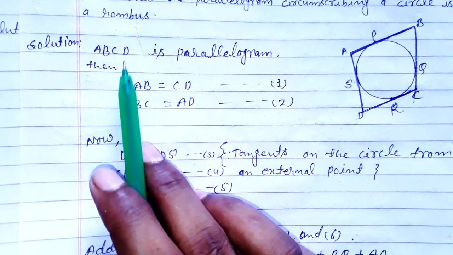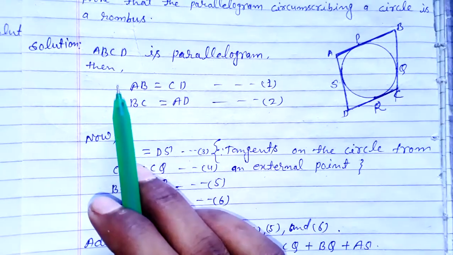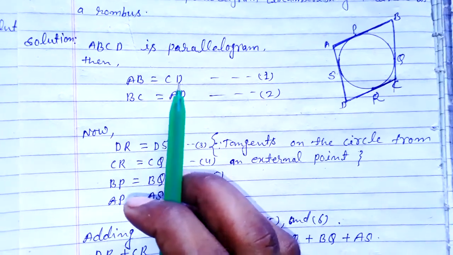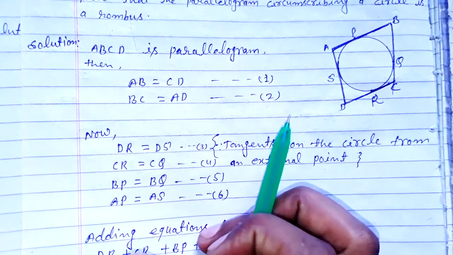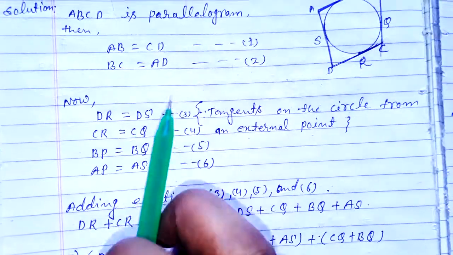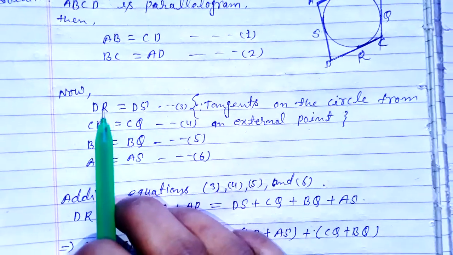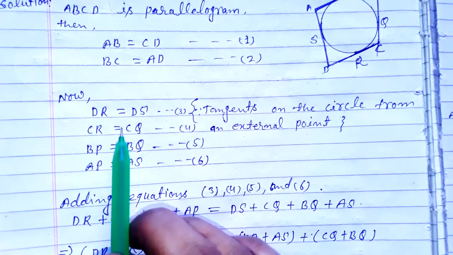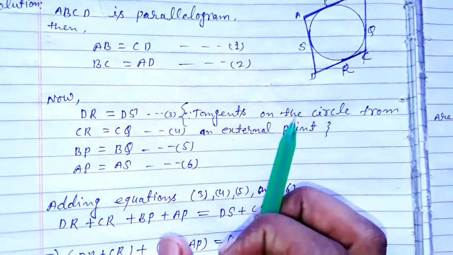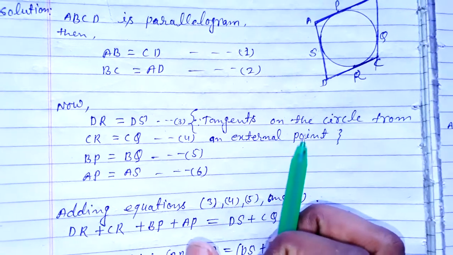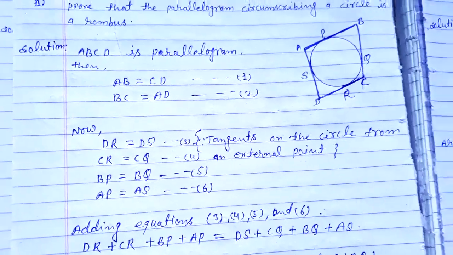ABCD is a parallelogram. Then AB is equal to CD and BC is equal to AD, because the opposite sides of a parallelogram are equal. Now DR equals DS, CR equals CQ, BP equals BQ, AP equals AS, because the tangents on a circle from an external point are equal in length.